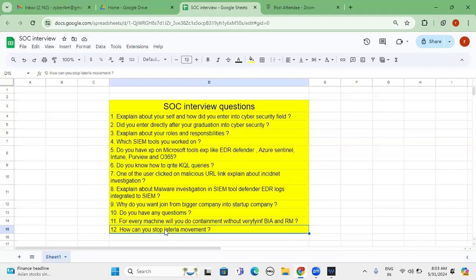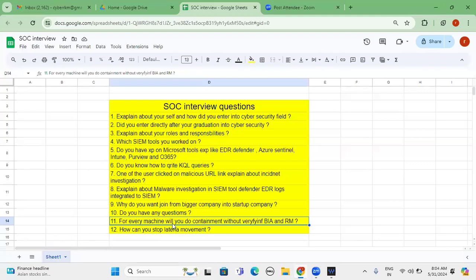So next one: in case any lateral movement has happened, how can you stop that lateral movement? And also, for every system that gets compromised, will you do network containment or network isolation, or will you analyze something else?